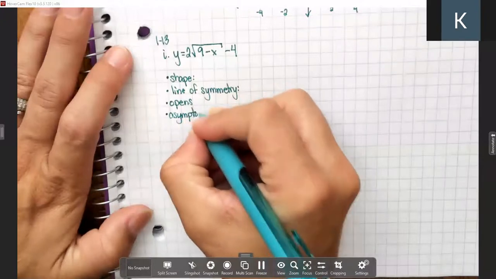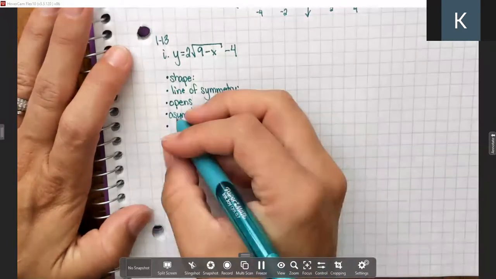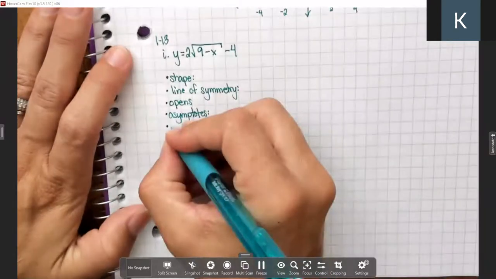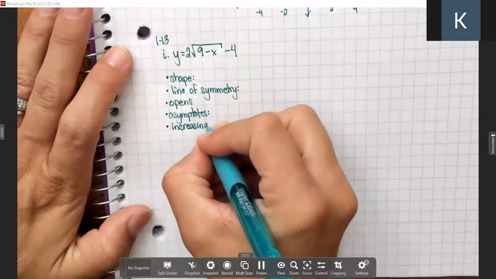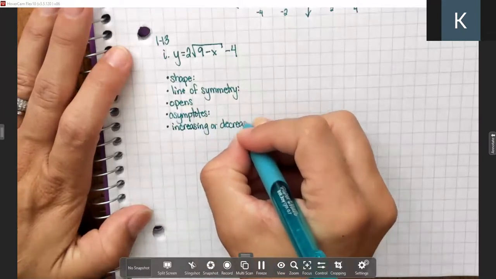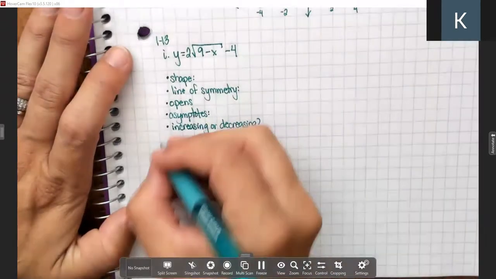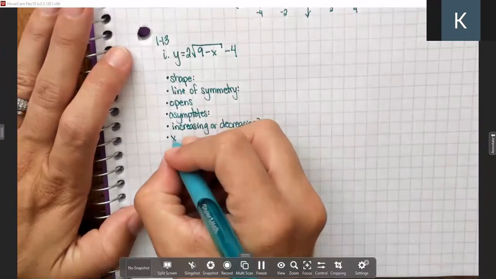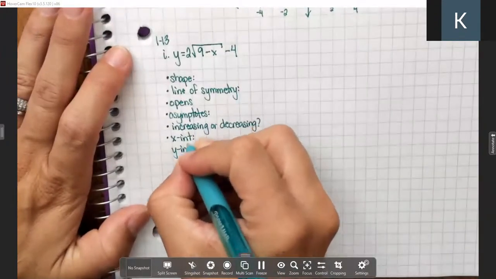Asymptotes. Increasing or decreasing. X-intercept and Y-intercept.